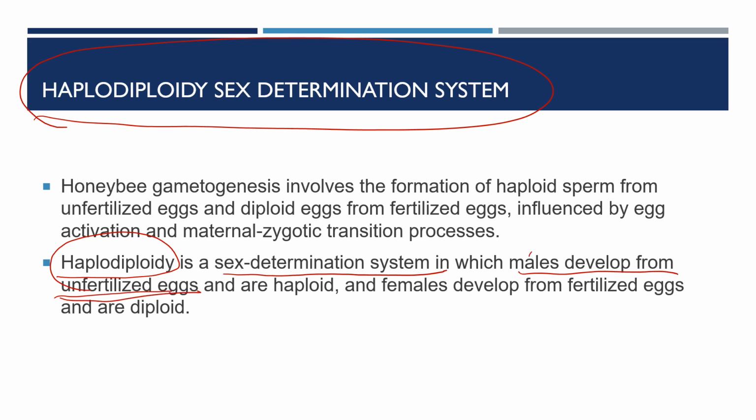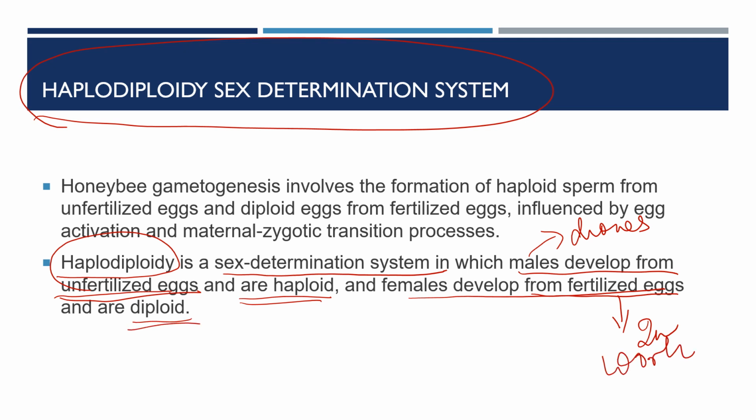The drones are formed from unfertilized eggs and are haploid, and the females develop from fertilized eggs, forming diploid worker bees. So this whole method is called the haplodiploidy method of sex determination.